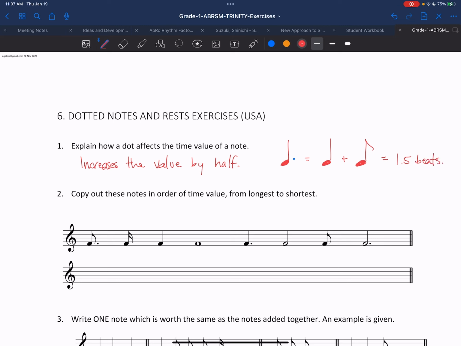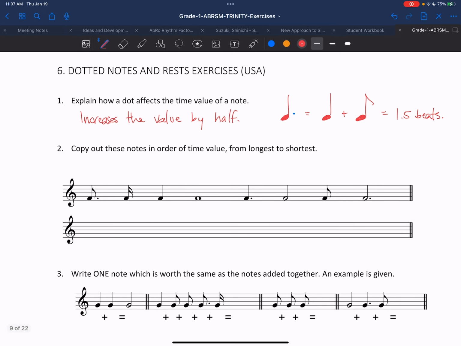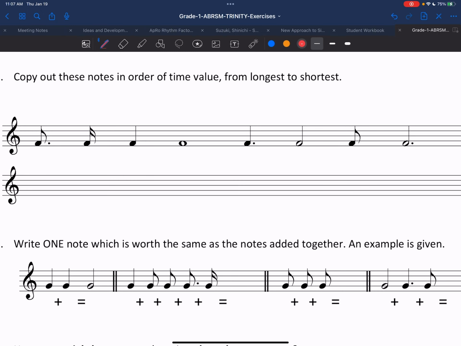Copy these notes out in order of time value from longest to shortest. So we're on our F line. We would have the whole note first. Then we go to the dotted half note. Then we go to the half note, again trying to make sure that your notes are nice and evenly drawn in the space. The next one is the dotted quarter note, making it as neatly as possible.